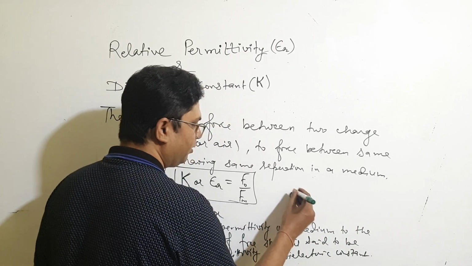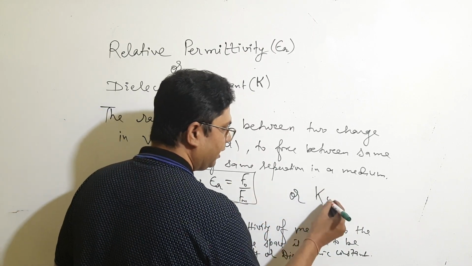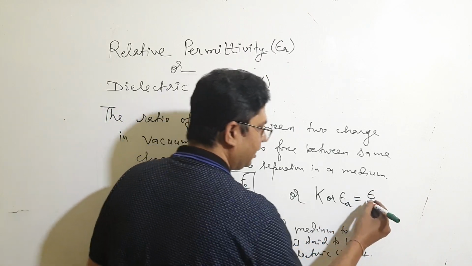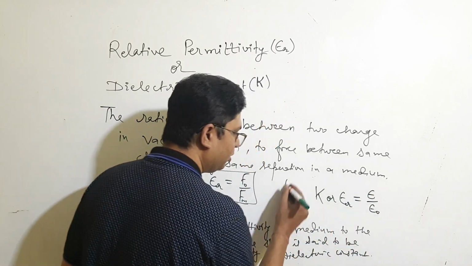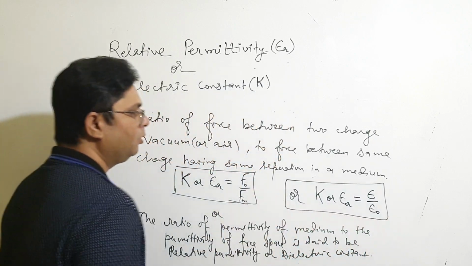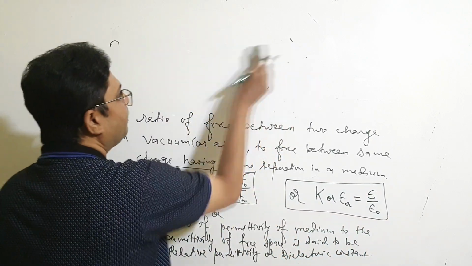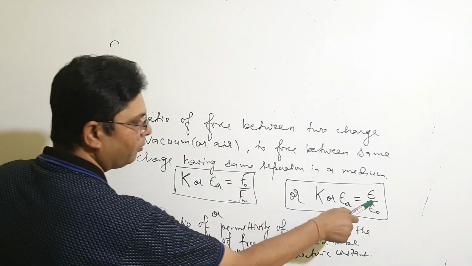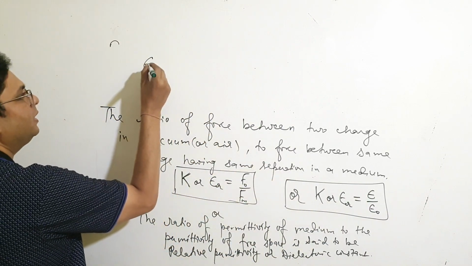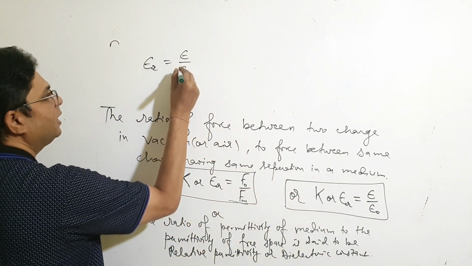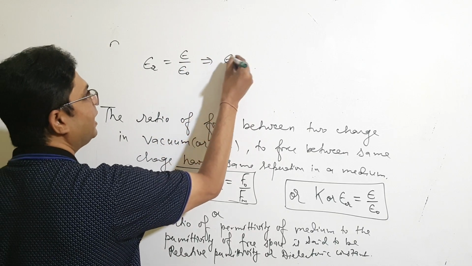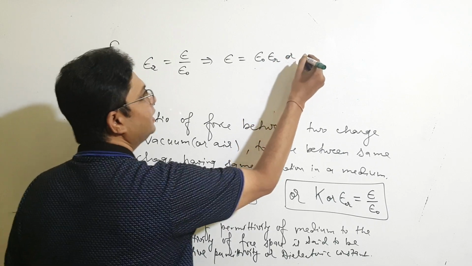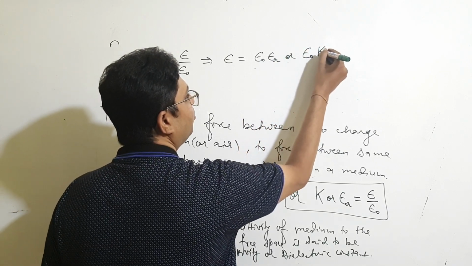This means that K or epsilon r is equal to epsilon divided by epsilon naught. So you can also write like this. From here you have epsilon r equals epsilon upon epsilon naught. This means that epsilon equals epsilon naught into epsilon r, or you can say epsilon naught into bold K.